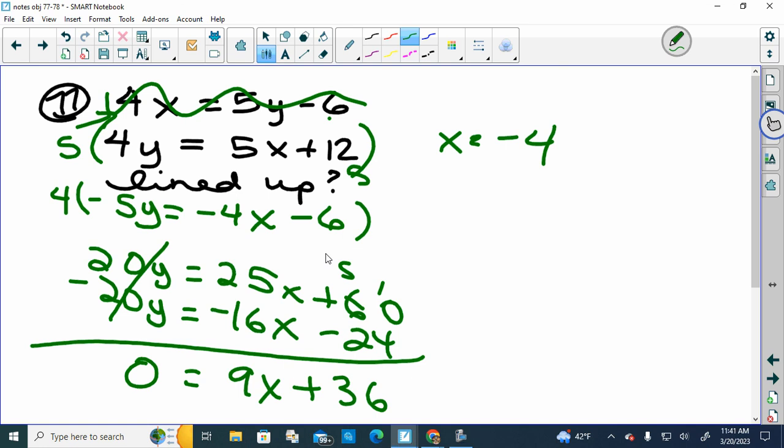Okay, so now you choose. Now, I would not choose the ones that we just rewrote because those are big numbers, right? I would go back to one of my originals where the numbers are small, okay? So here in my original, that was the smallest x. I had 5, right? This one has a 4, so I'm actually going to plug it back into that one, okay? So where the x is a negative 4, it's 4 times a negative 4, which would make it a negative 16.